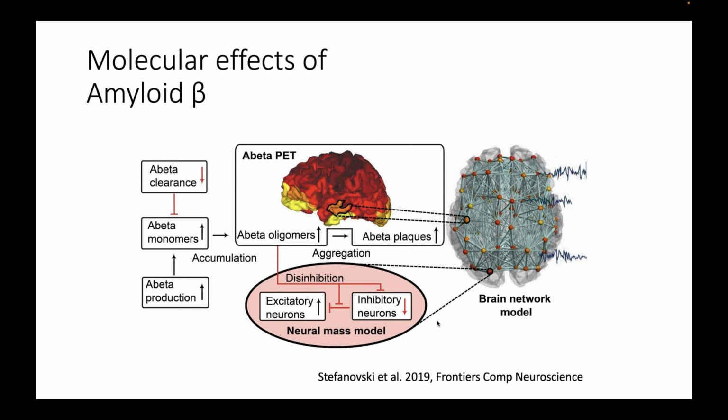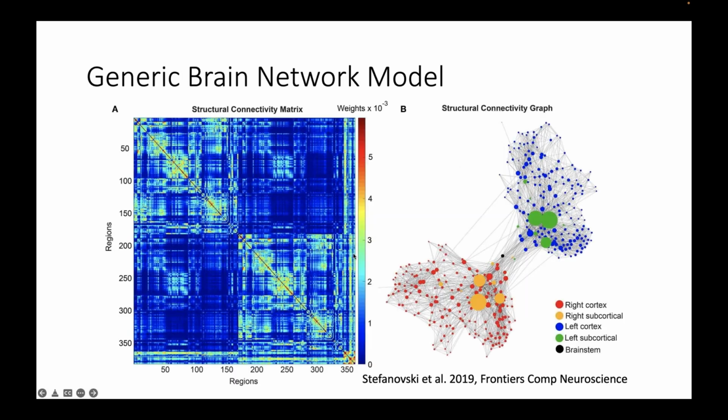For example, in Alzheimer's patients, we have increased epileptogenicity, and we also have effects that are called excitotoxicity. Too much excitation can also lead, by calcium-mediated signaling cascades and so on, to more cellular death, and therefore also directly to neurodegeneration. To model this, we took a generic structural connectivity matrix.